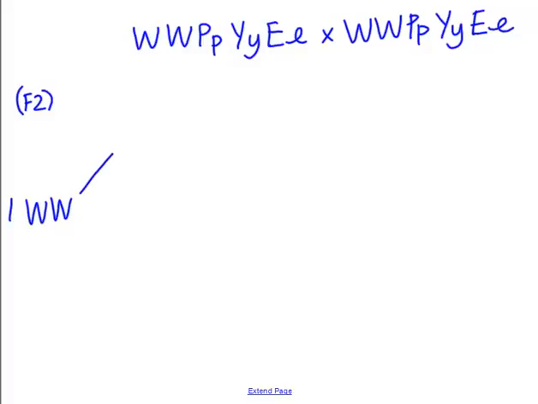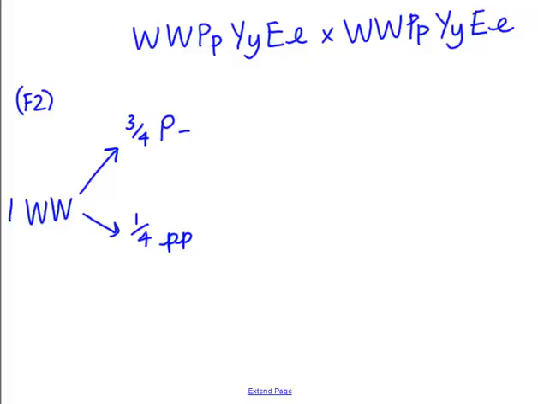So we can say that 3/4 of the offspring are going to have at least one big P. And that's because a quarter will be big P, and a half will be big P. And then 1/4 is going to be little p. Okay? And when you're just looking at the P gene, that's just a monohybrid cross.